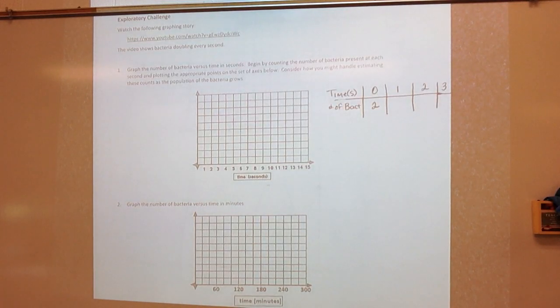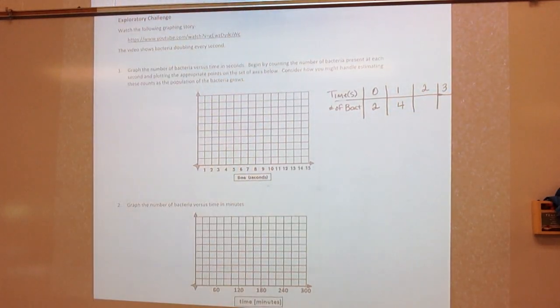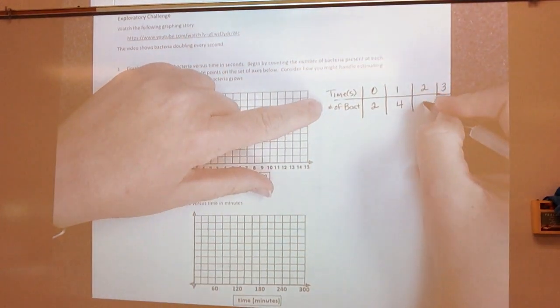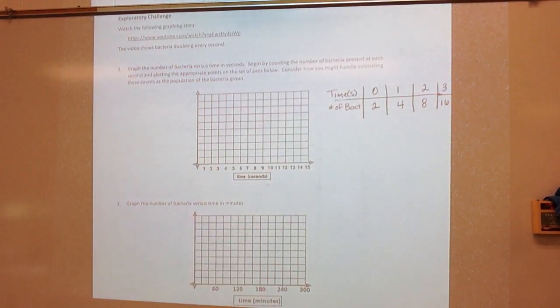At 1 second, you're going to notice that the number of bacteria doubled. It became 4. Then at 2 seconds there were 8. At 3 seconds there were 16.